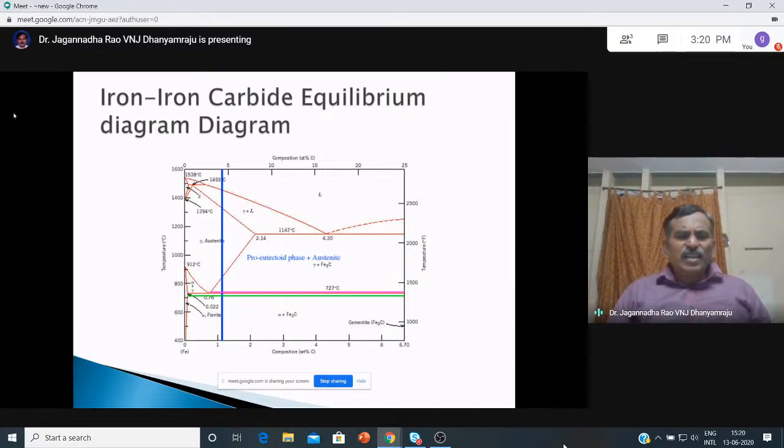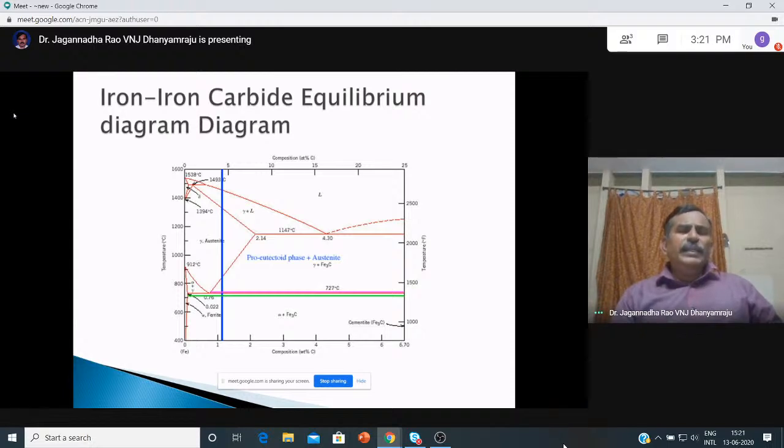So here chiefly there are three reactions. So if you observe, at the top there is a small region that is called delta region, and you can observe the melting point of pure iron is 1538 degrees centigrade, and at 1493 degrees centigrade there is a reaction occurring, that is a peritectic reaction, in which liquid and delta combine to form gamma.